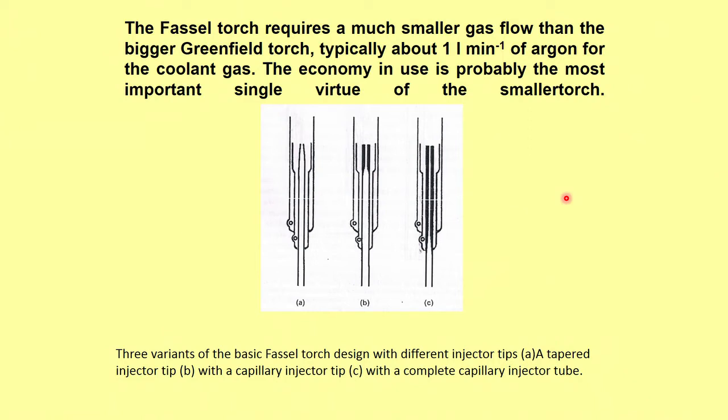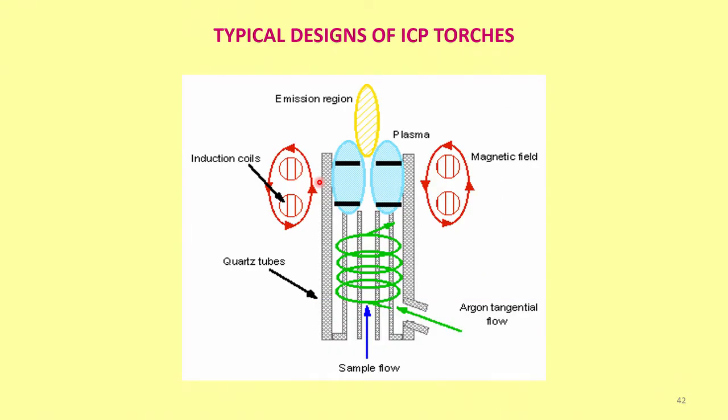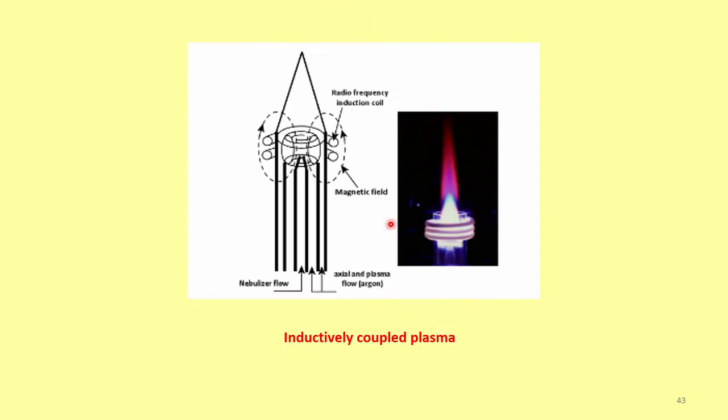So, the plasma torch which I had shown you earlier, that is this torch, is known as Greenfield torch. It is the name of the scientist, in which all the 3 gases flow to the same extent, and that is known as Greenfield torch. Earlier most of the ICP instruments used to come with a Greenfield torch.